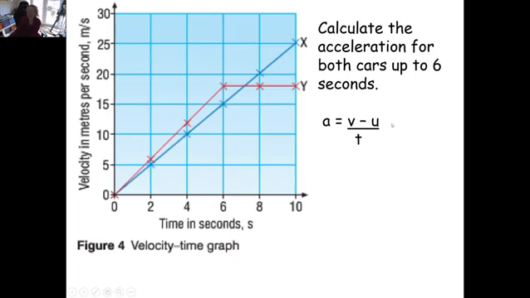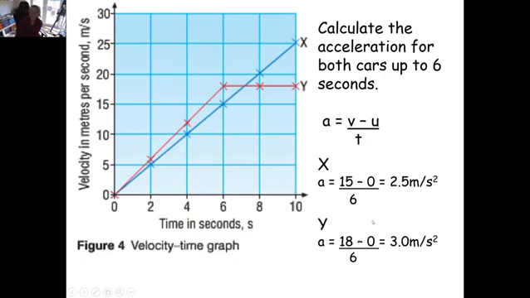So if we use this abbreviated version, you can see for car X, its final velocity is 15, its initial velocity was 0, so the difference is going to be 15, and that took part in 6 seconds. So it had an acceleration of 2.5 meters per second squared.